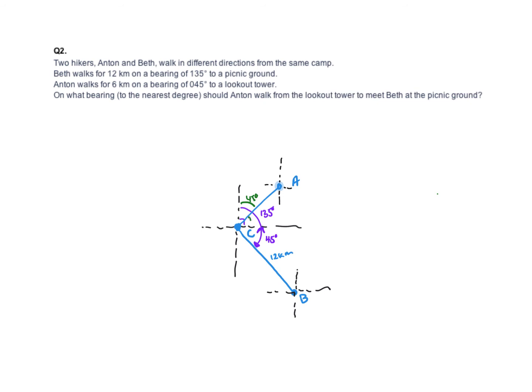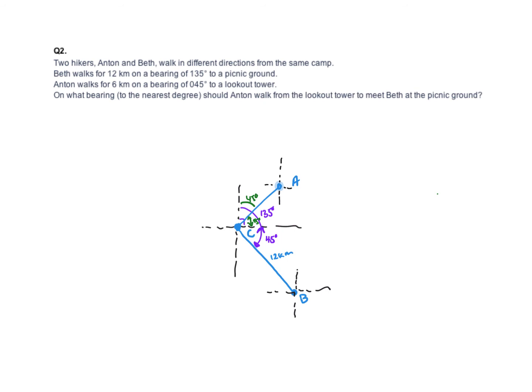So I can see too that in there must also be 45 because it's going to make up 90 degrees, between this north and the east line. So on what bearing should Anton walk from the lookout tower, because that's where he is, to meet Beth?